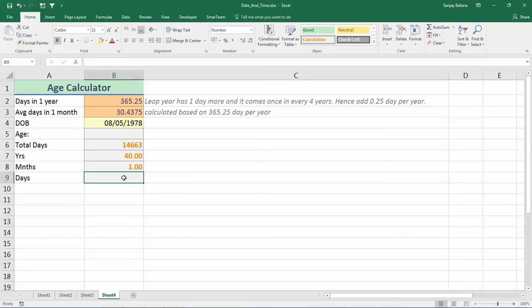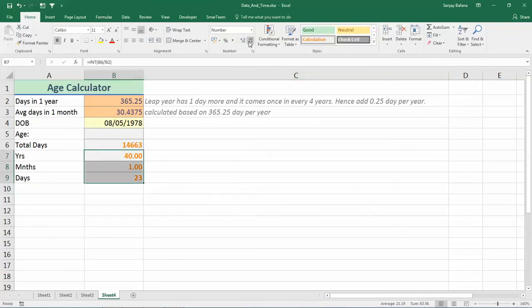All right, so instead of using the MOD and division and INT formula again, I will use the total number of days, and from that I will subtract the total years we calculated multiplied by 365.25, minus total months multiplied by 30.4375, and this will give me the total number of days as 23.